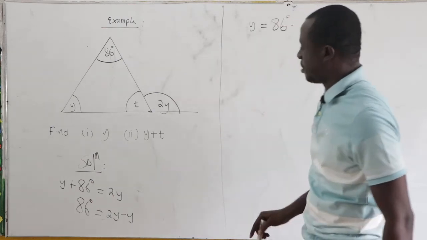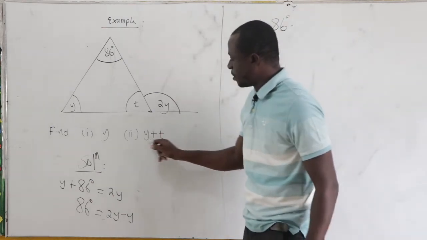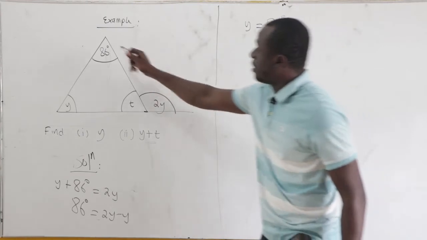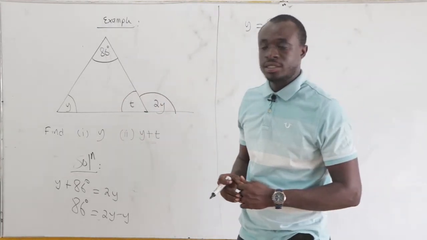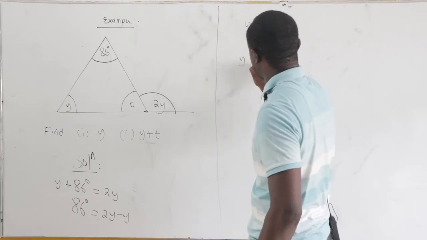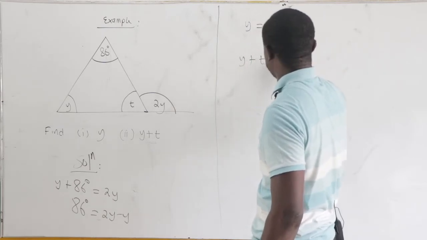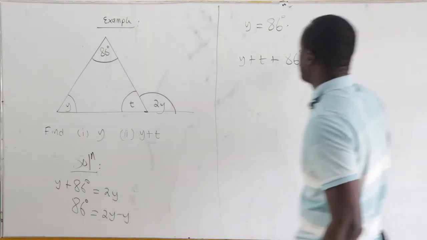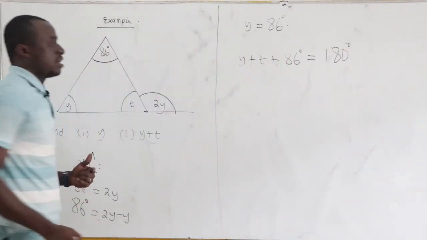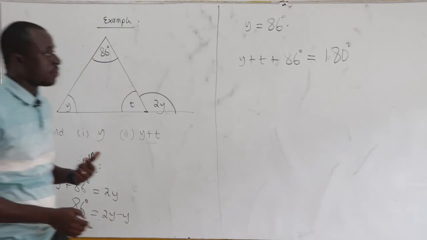So y is equal to what? 86 degrees. Now the next one is we want to find y plus t. Now sum of angles in a triangle equal to 180 degrees. So you can say y plus t plus 86 degrees equal to what? 180 degrees. Why? Sum of angles in a triangle equal to 180 degrees.